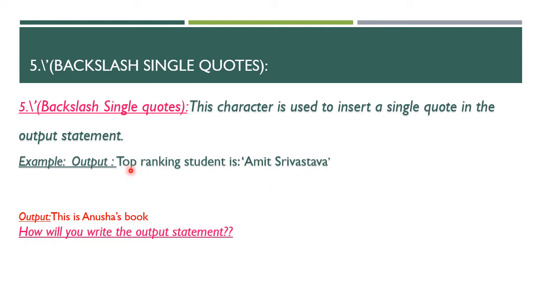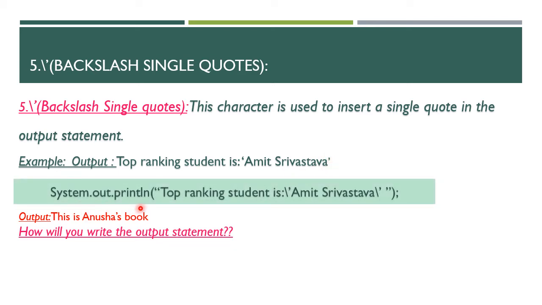System.out.println top ranking student is, wherever you want the single quote, there you have to include a backslash single quote, and at the end also, after Srivatsava, you need a single quote. So here also you have to write backslash single quote. System.out.println top ranking student is backslash single quote Amit Srivatsava backslash single quote.